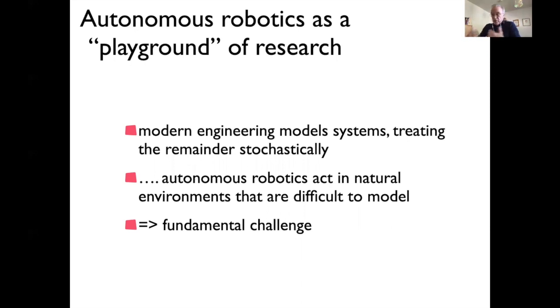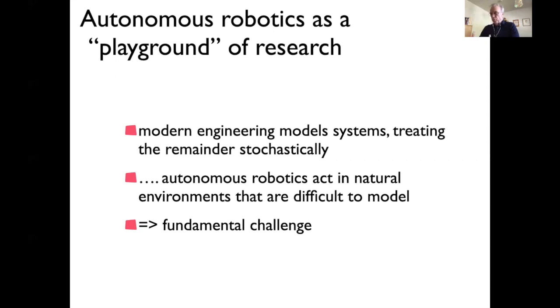So you've modeled every deterministic aspect, and we have very good theory for that, including some exact theories. And autonomous robots act in environments, we call them natural environments, even though they can be factory and so on. And that really just means they're difficult to model. And so you'll see that's fundamentally pushing the envelope of this classical paradigm.